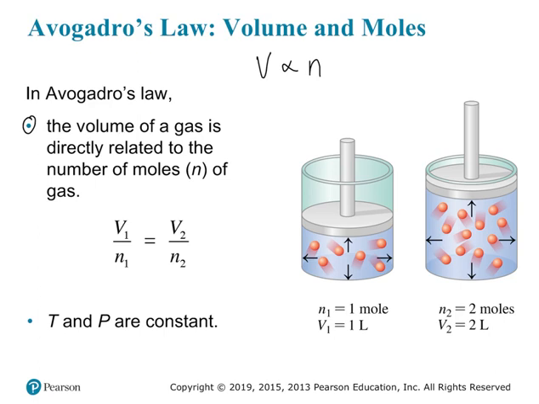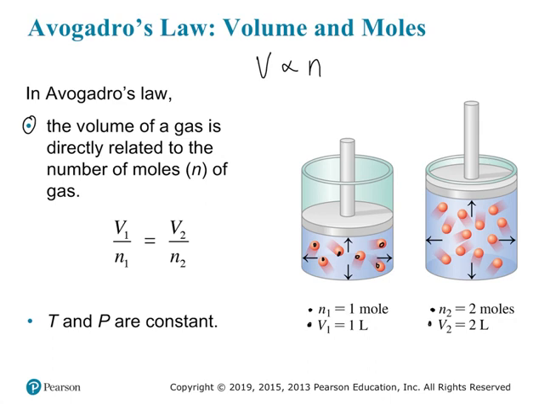So for instance, on the right-hand side, we have a figure showing 6 particles of gas in a container. And let's say that that's equivalent to 1 mole of a gas. And then let's say in this condition, we have a volume of 1 liter. Now, if we add more gas to this system, so let's say we double the amount of gas to 2 moles, the volume is also going to double.